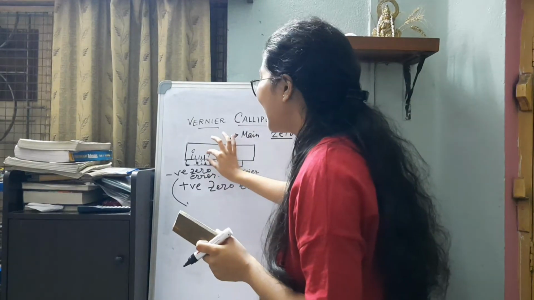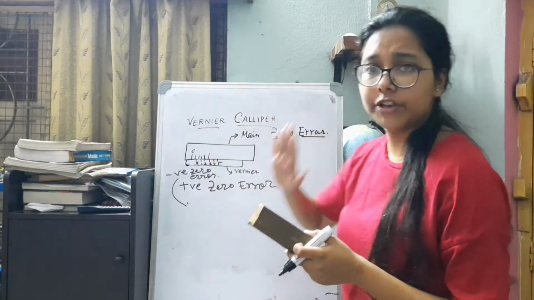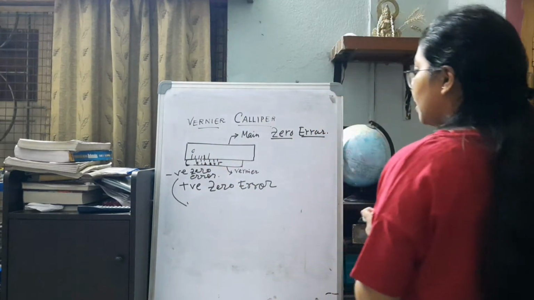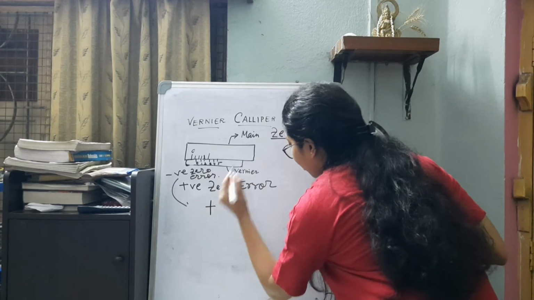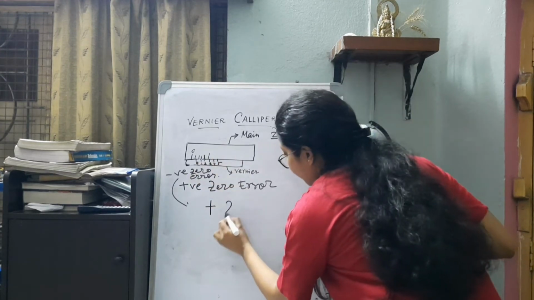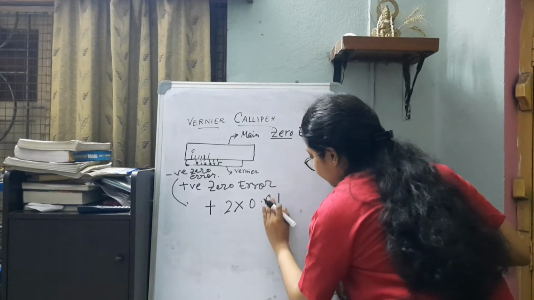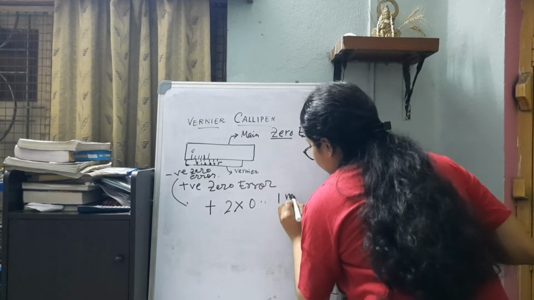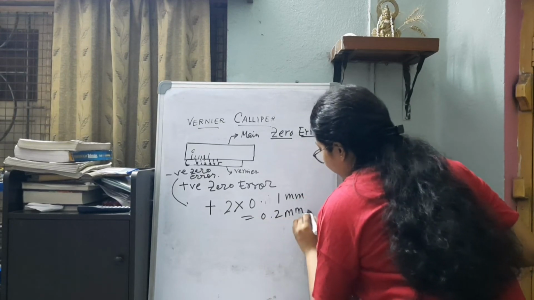Now we observe that the second vernier division is able to coincide with some division of the main scale. That means because it is the second vernier division, positive zero error means positive second vernier division times the LC. And this is the value of our positive zero error.